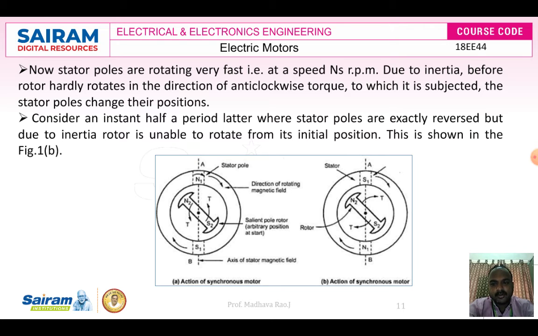Due to the force between unlike poles, the rotor will try to follow. In figure B, once the stator poles are changed, the rotor will automatically try to rotate in the reverse direction.